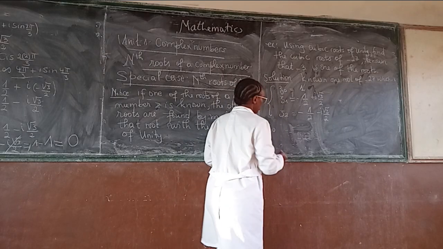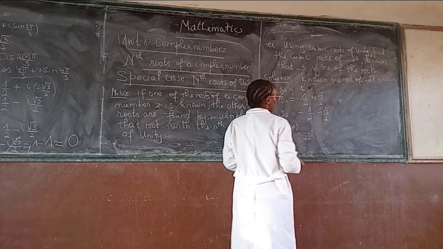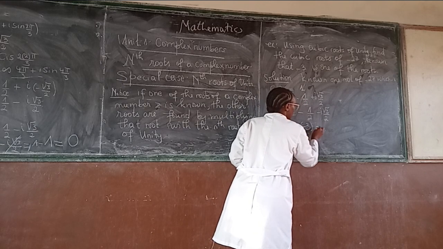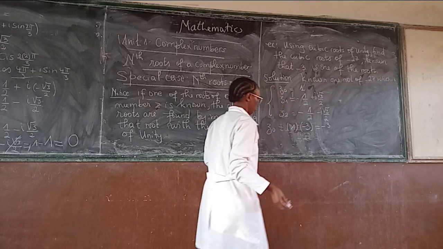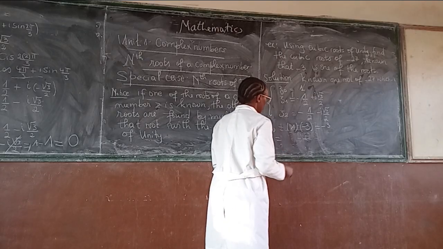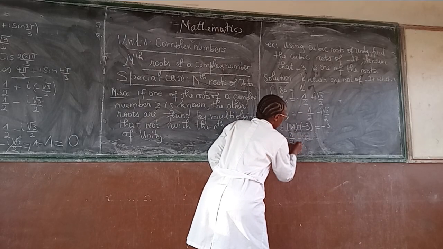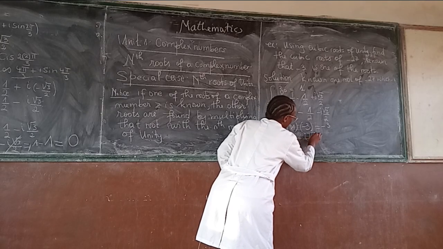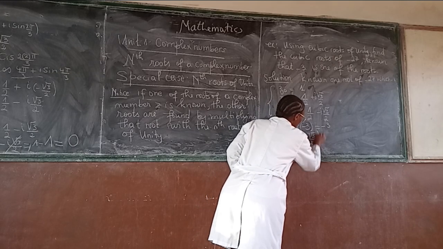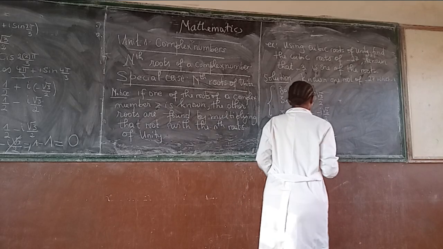So the first root will be: we take the root of unity 1, we multiply by negative 3, so we get negative 3. For the second root of negative 27, we take negative 1 over 2 plus i square root of 3 over 2, then we multiply by negative 3.